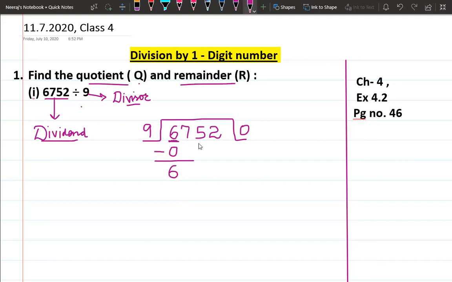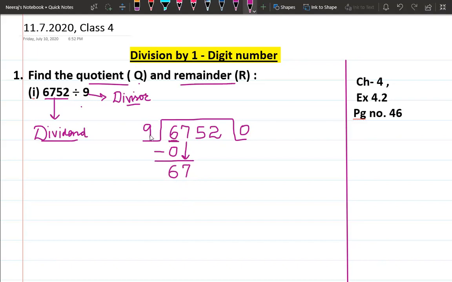Now here we have 3 more digits. Let's bring down the next digit. This will become 67, a bigger number. Now we can divide 67 by 9. Let's see which number it will go with. 67 doesn't come exactly in the table of 9, so we take the value closer to 67.